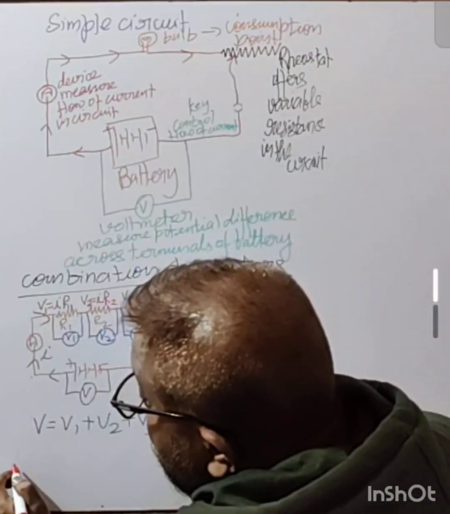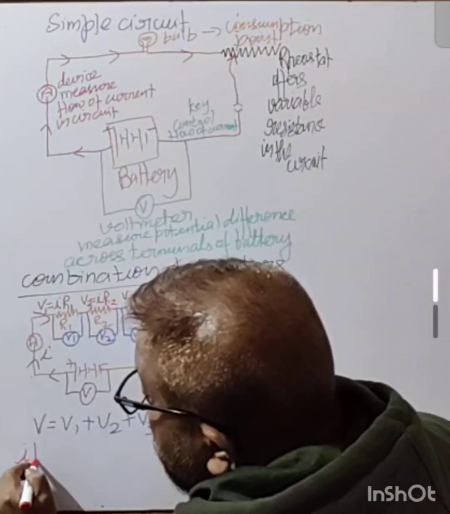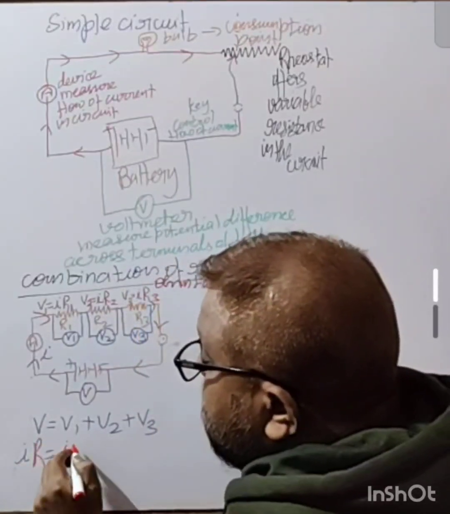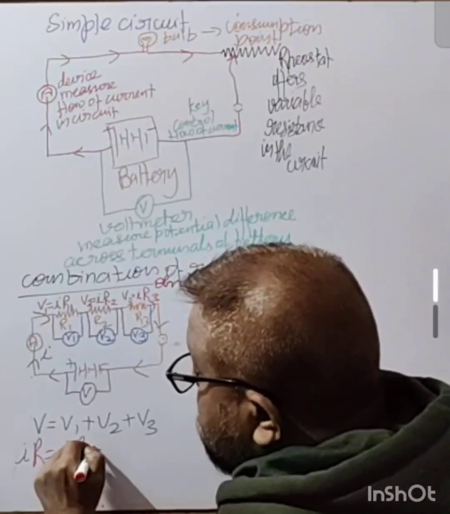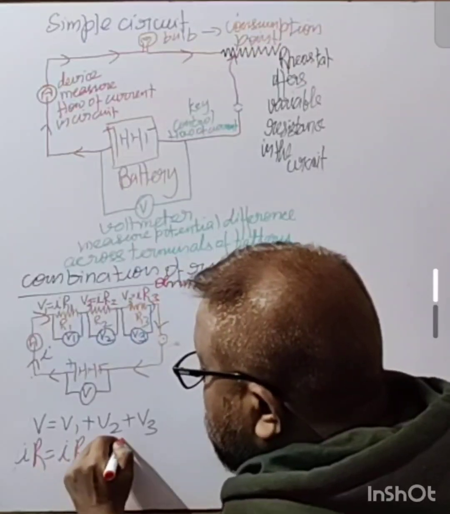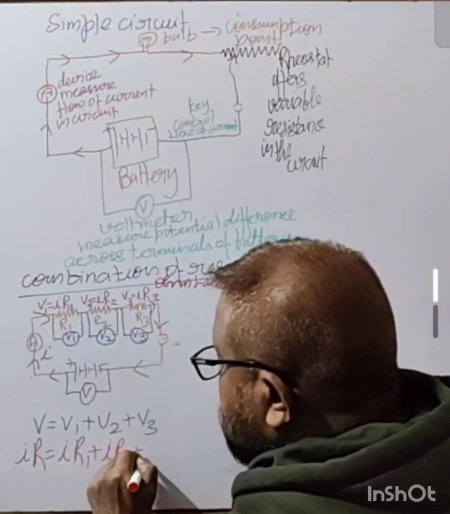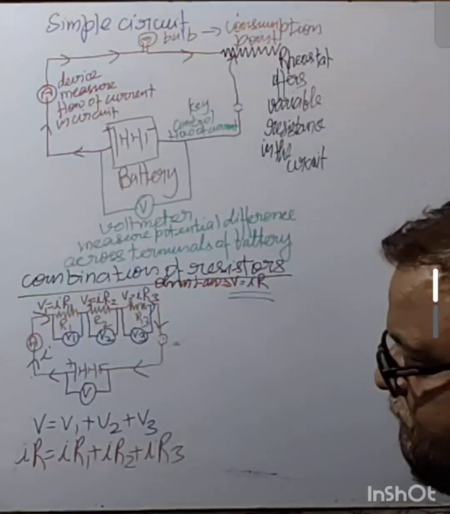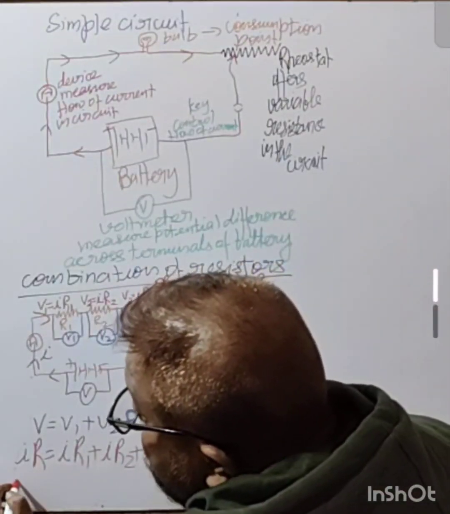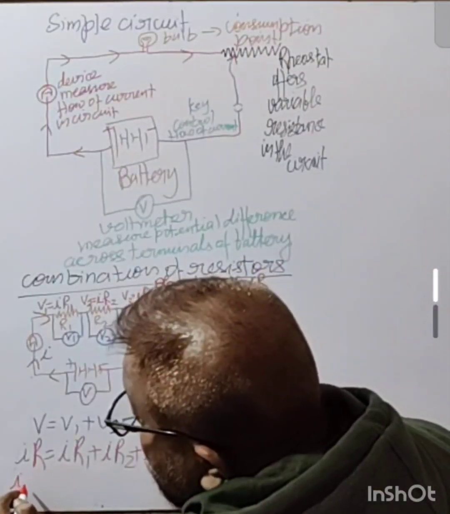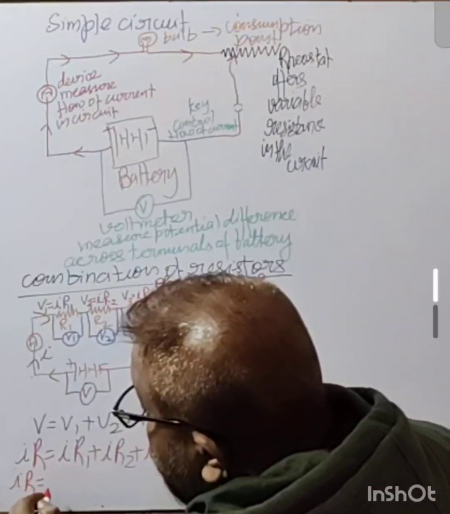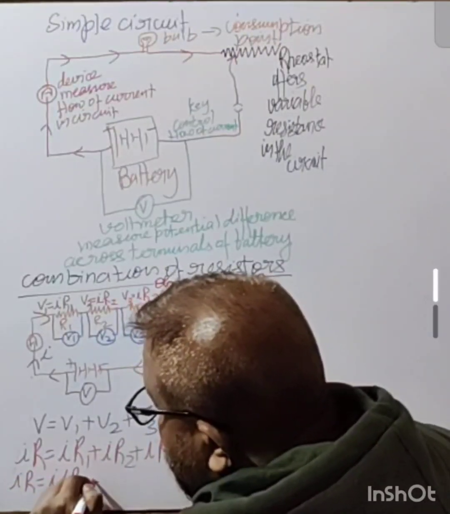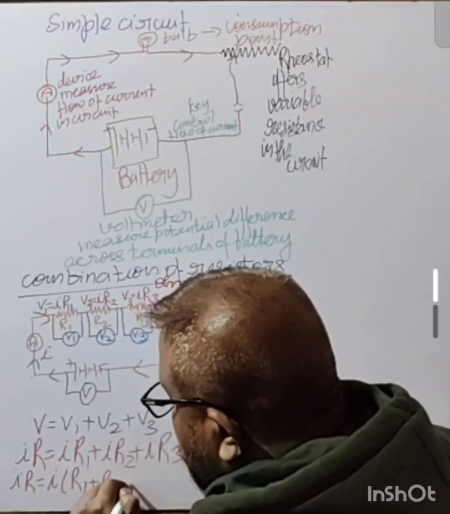So we can write here I capital R is equal to I into R1 plus I into R2 plus I into R3. You have taken I as common, so I capital R is equal to I times R1 plus R2 plus R3.